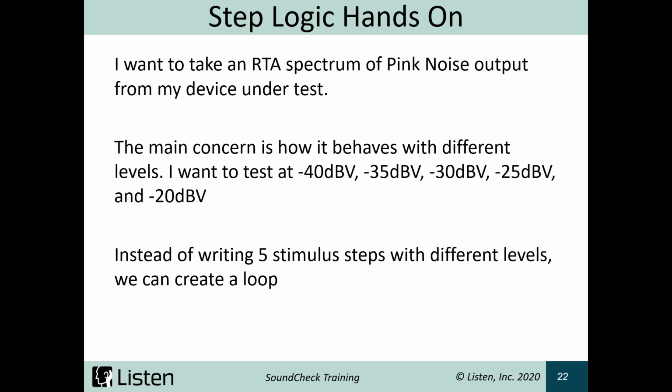I could create 5 different stimulus steps with different levels and then point them to different acquisition steps and analyze them all. That's completely valid, but it's not as quick and it's not as flexible. So instead, we can create a loop, use the loop index value to make our settings and create our stimulus level, and automatically change the level on the fly.